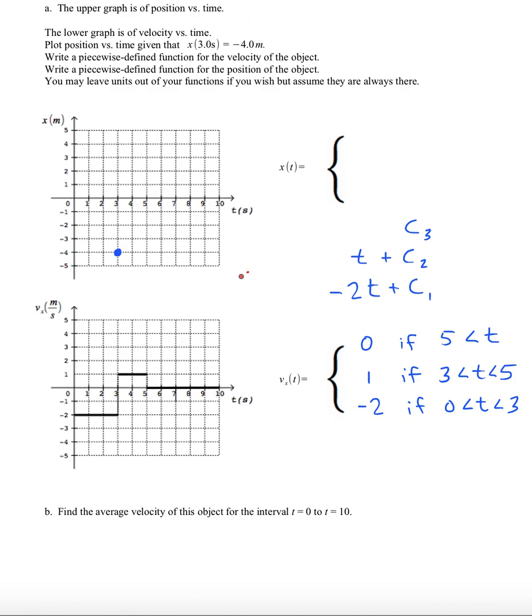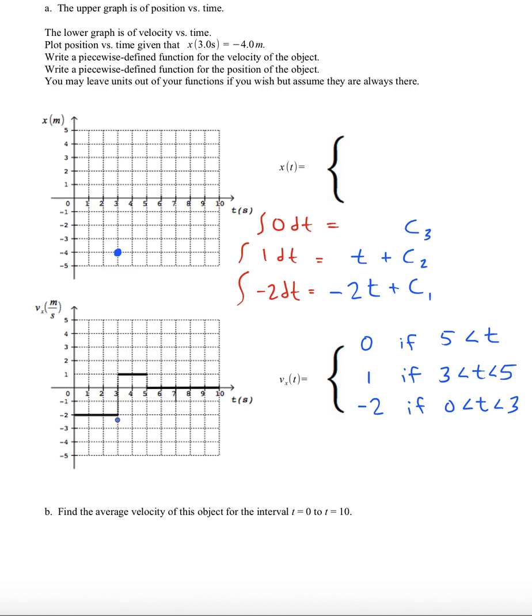These are the antiderivatives of -2, 1, and 0. And we have to find out what the constants are.